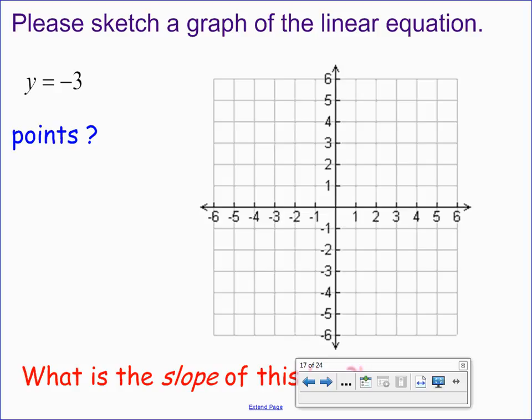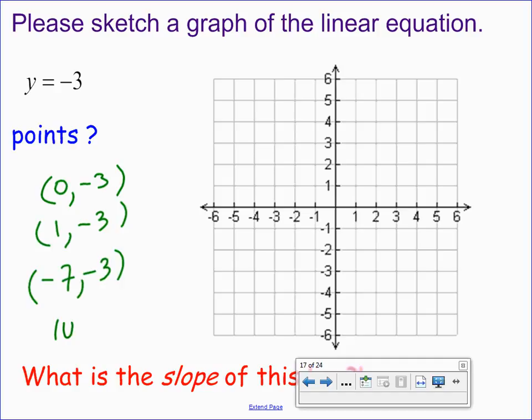I need points on that line that have a y-coordinate of negative 3. So if I started to list some points, I might think, well, 0, negative 3 would be on there, but so would 1, negative 3, so would negative 7, negative 3, or 10, negative 3. This is the line that connects all the points who share the same y-coordinate, negative 3.